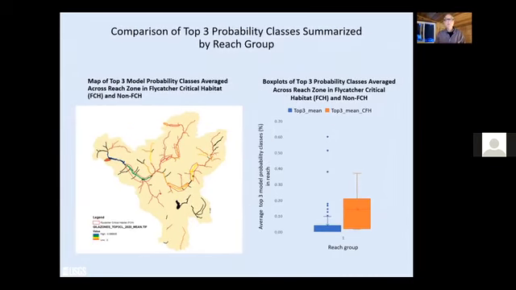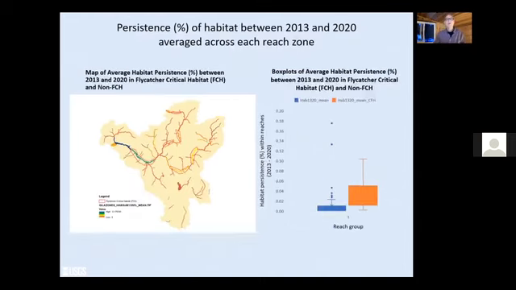The second model was the top 3 probability classes averaged across the reach. And once again, you can see that there was a clear delineation. Those 7 reaches, if you want to think of them as controls, had much higher model probabilities when averaged across those reaches than the remaining 53 reaches.